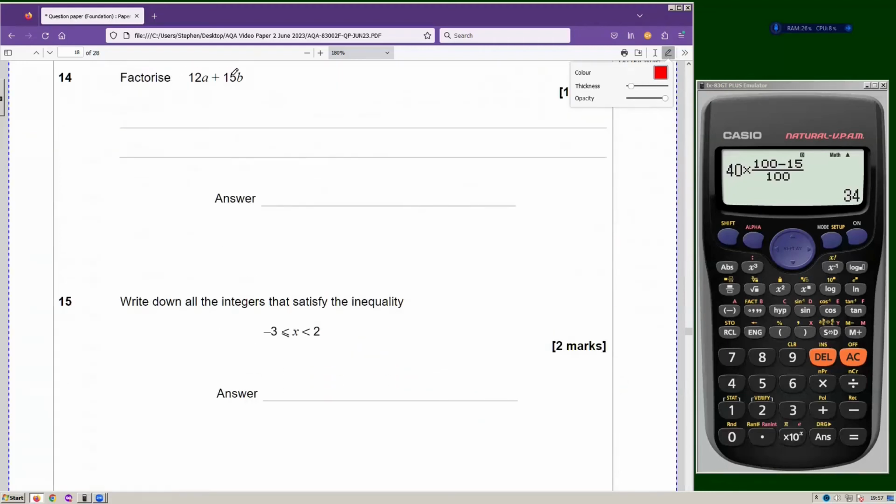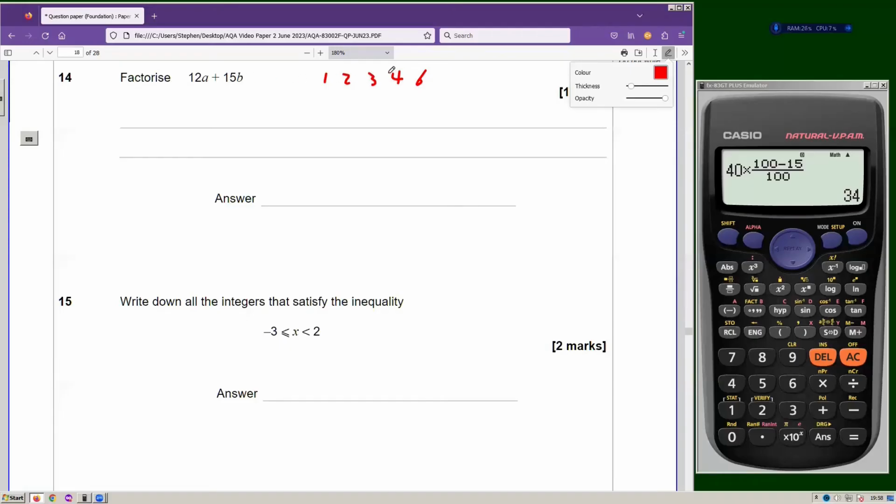Factorise 12a plus 15b. Well, in this case, there's an a there and a b there, so we're not going to be able to split anything up with the a and the b, but there is a common factor in the numbers. The common factors of 12 are 1, 2, 3, 4, and 6, and of course 12 itself.